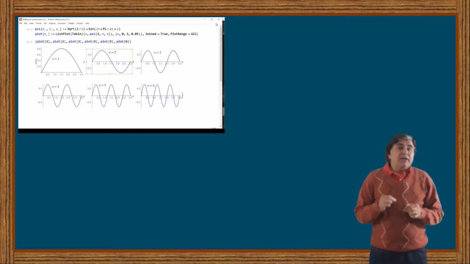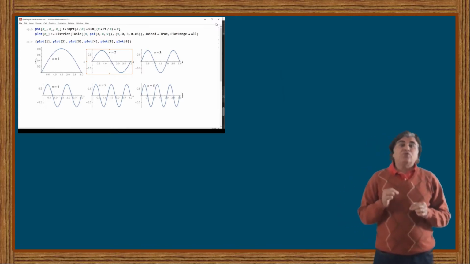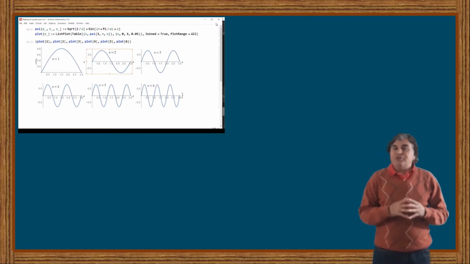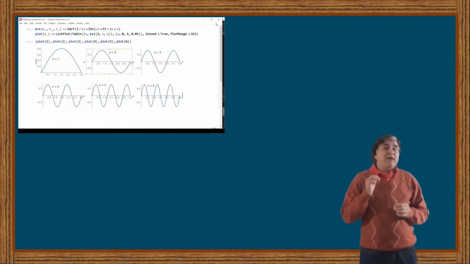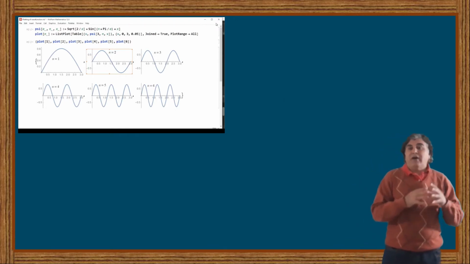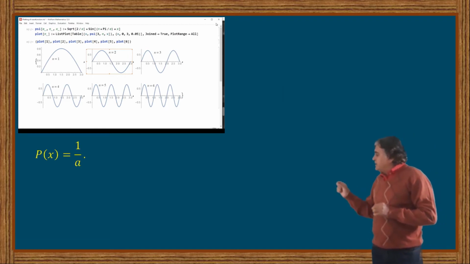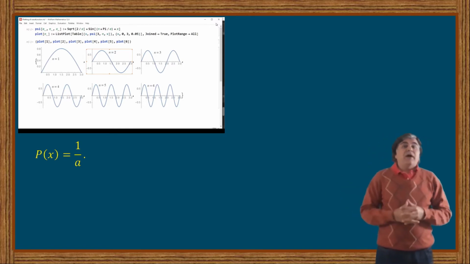This quantum mechanical outcome contradicts the result we obtained through classical approach in video part 1 on this topic, because there we found that all the positions are equally probable for the particle, and the probability of finding a particle at a given position equals the inverse of the width of the well. That is, we found that the probability at a position x, that is p of x, equals 1 divided by a, where a is width of the potential well.